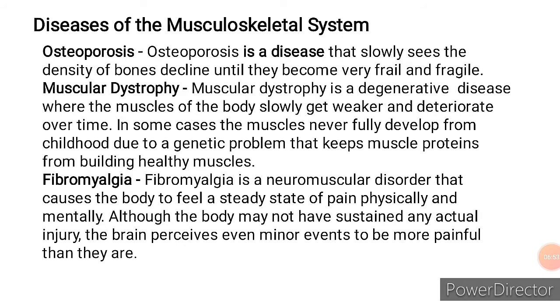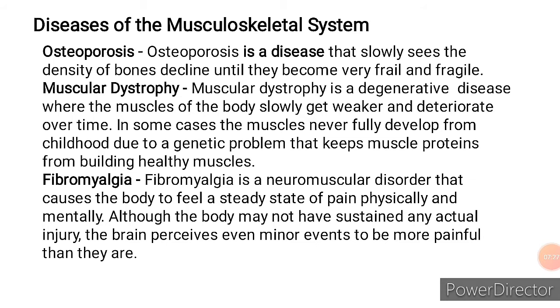Okay, osteoporosis is a disease that slowly makes the density of bones decline until they become very frail and fragile. Okay, your bone continues to lose strength. As it's losing strength and losing strength, at some point it will what? Break down. Okay?